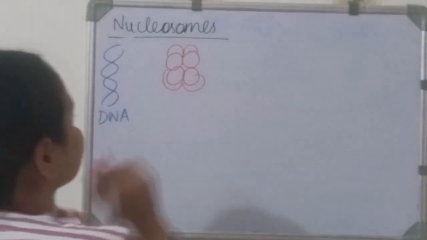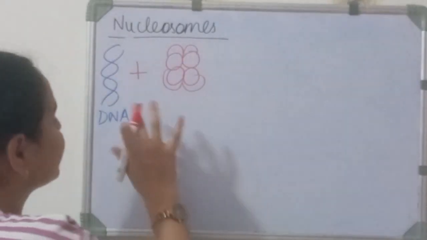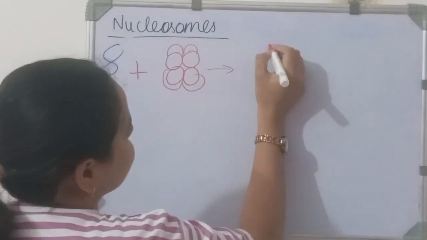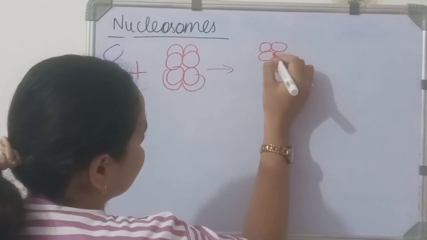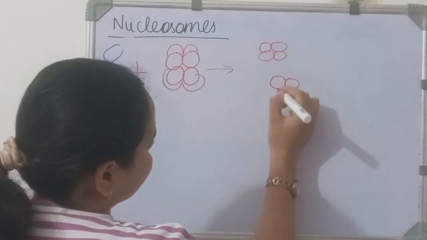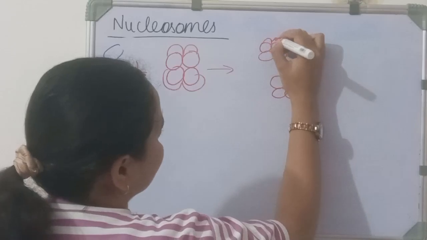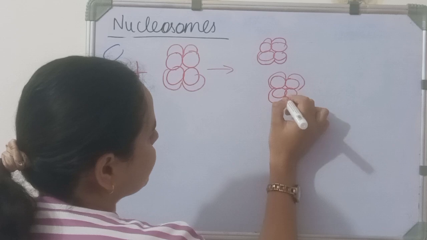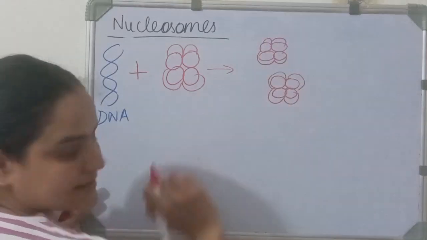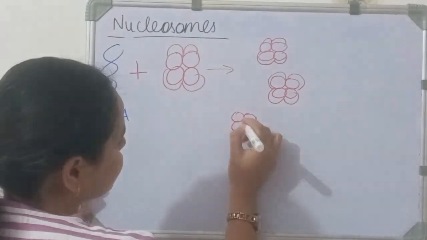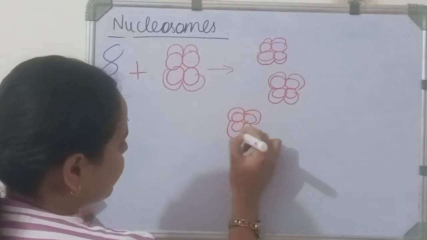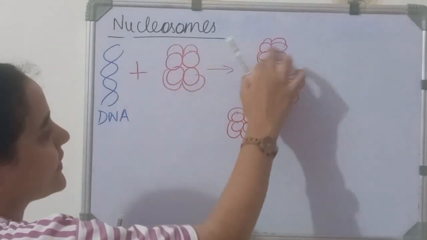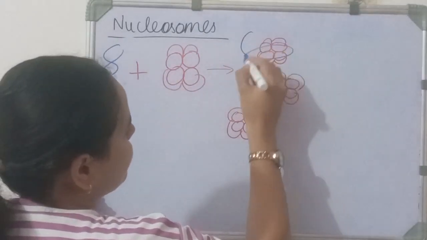Now we are wrapping this DNA around this histone protein. So what do we get? See. All are octamers. This is one set of histone octamer, this is another, and I am drawing another. Now this DNA is being wrapped around this histone like this.